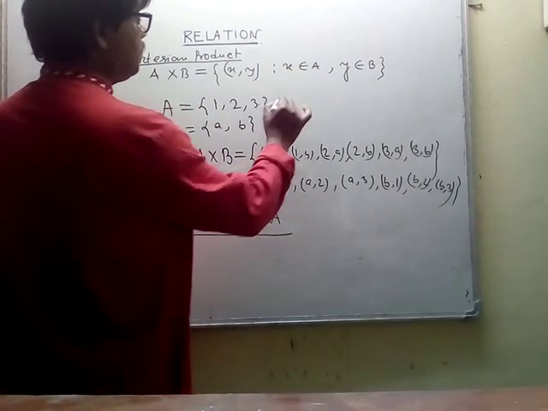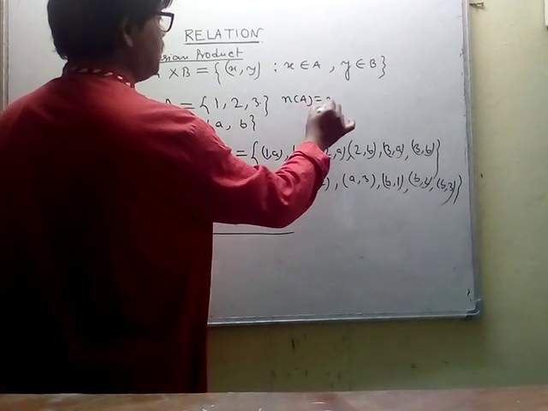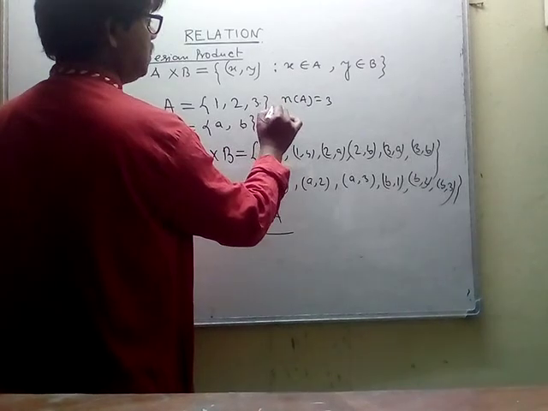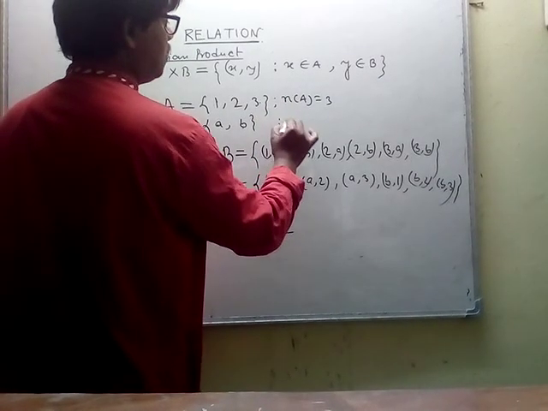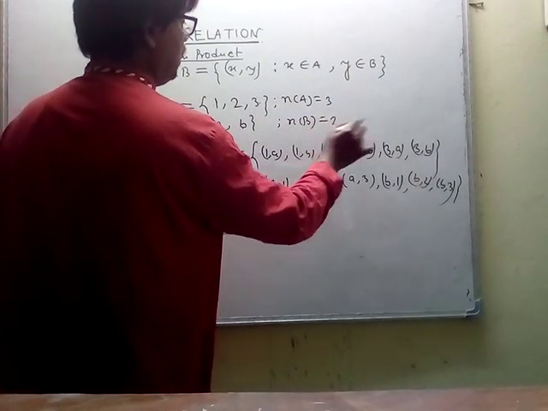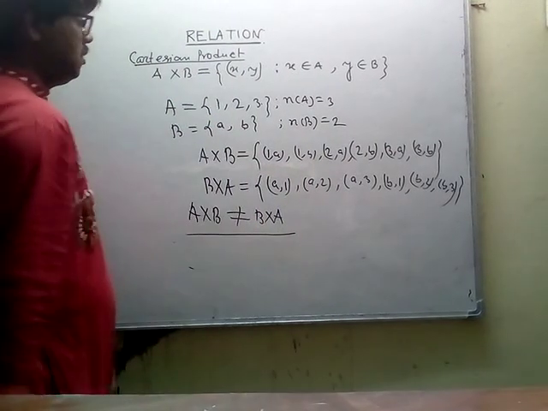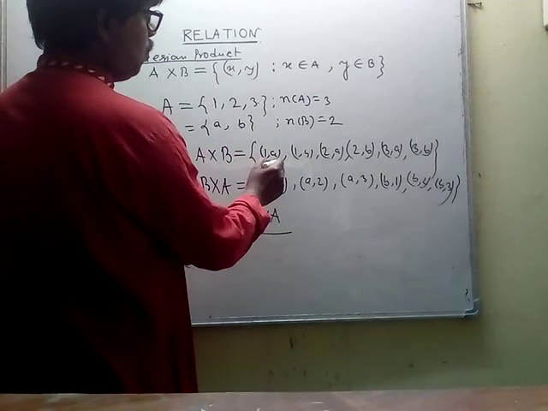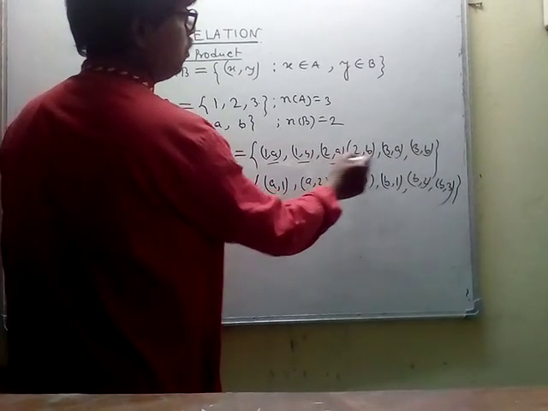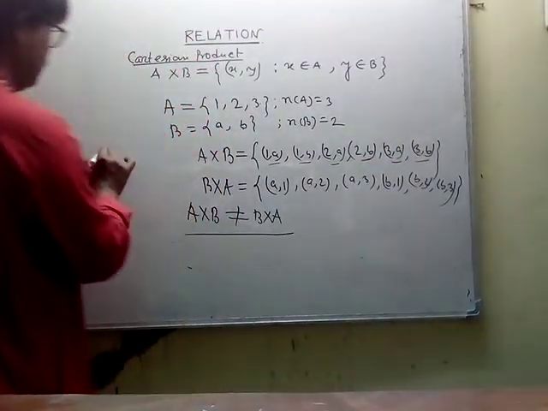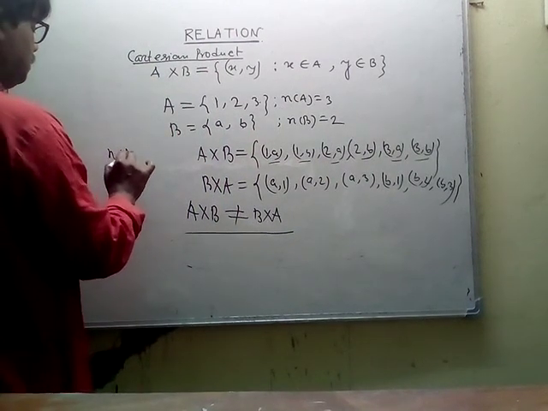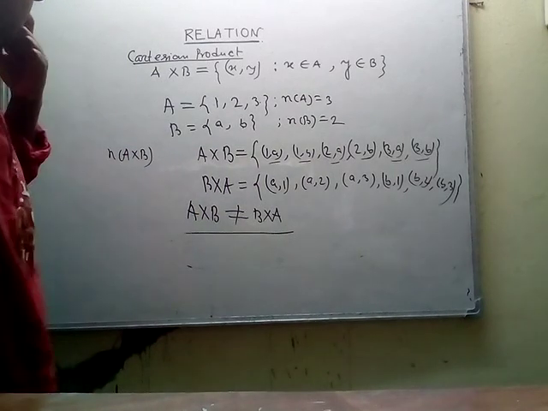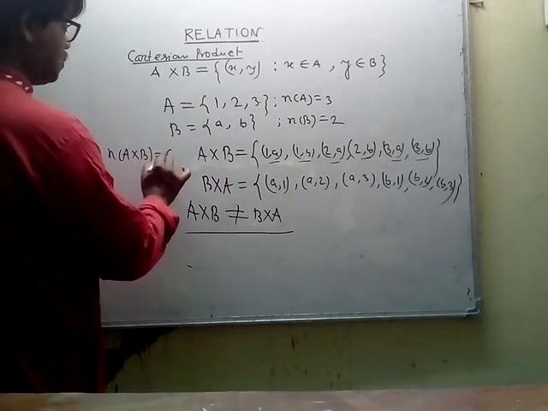A consists of three elements, that is the cardinal number of A is 3, and B consists of two elements, 1, 2. A cross B, the Cartesian product of A and B, has 1, 2, 3, 4, 5, 6 elements. The cardinal number of A cross B equals 6.